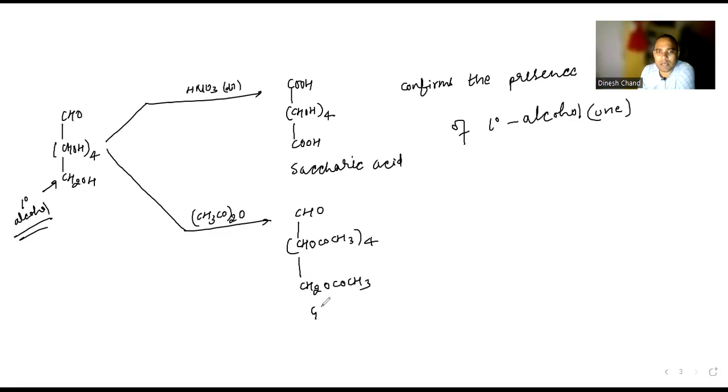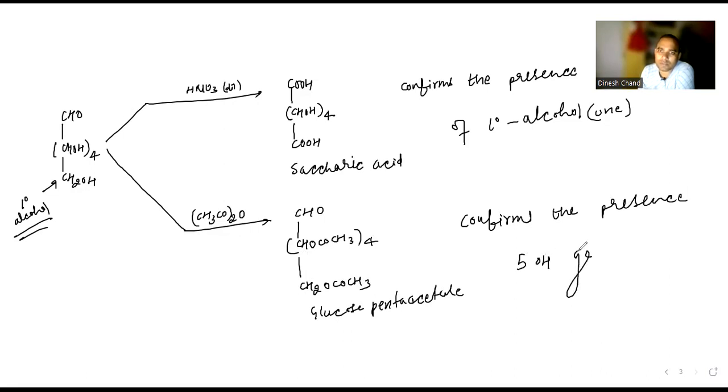This compound is called glucose pentaacetate. What is it going to confirm, student? It confirms the presence of 5 OH groups. How many OH groups, student? 5 OH groups, right, in glucose. So glucose is having how many hydroxyl groups, student? 5.